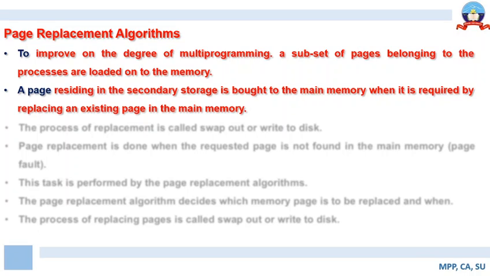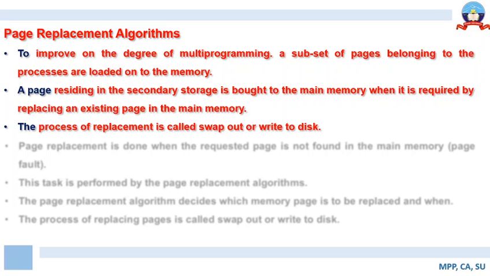So as and when a page associated with the process is to be executed by the processor, the relevant page is brought onto the main memory by replacing an existing page. Now the process of replacement, as we have learned, is called swapping. So swapping is the process of moving the pages belonging to a process from or to the main memory.